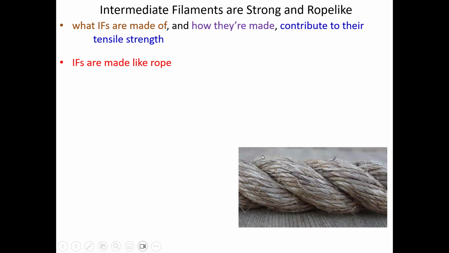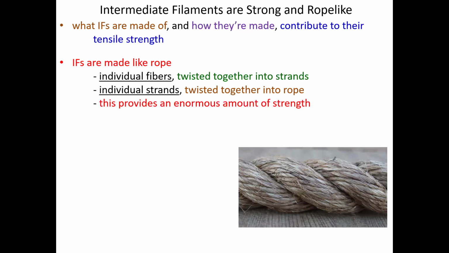These fibers are bundled up together to make this fiber, and then two or more of these big fibers are braided together to make the rope. So rope is a bundle of fibers that were bundled into bundles that were braided. That's rope. And that construction gives rope enormous tensile strength.